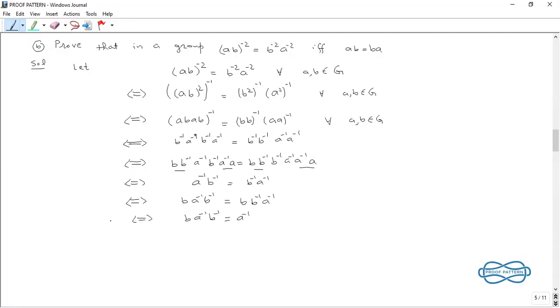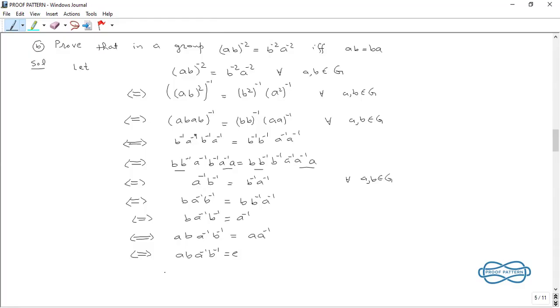And now, if we again pre-multiply with A, this will be A inverse, and this is for all A, B belongs to G. We will get A B A inverse B inverse is equal to identity.